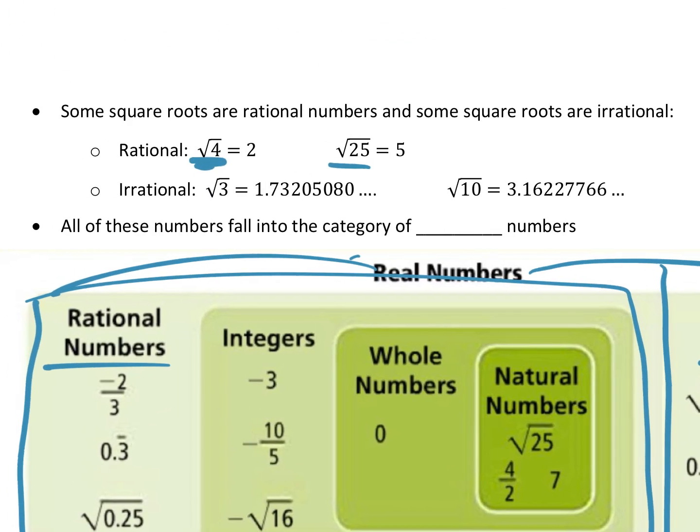But the square root of 3 is hideous. The square root of 10, also hideous. Those are not rational. Those are irrational radicals, okay? Irrational numbers. But they all fall under the category of real numbers. So everything is real in this class. We don't touch imaginary numbers in Algebra 1. Okay.